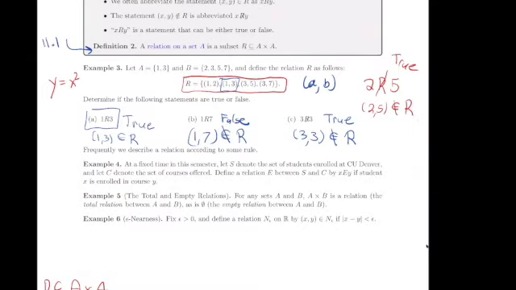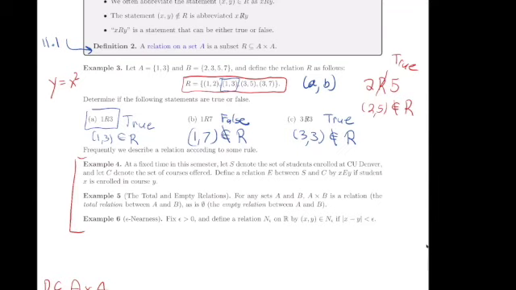So oftentimes we describe relations with some rule or a formula or something like that. Here are some examples of relations. These don't just have to be defined on numbers.